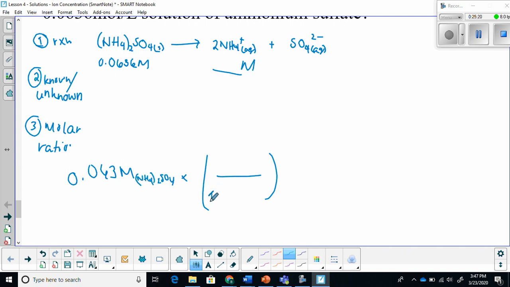I have 1 mole of (NH4)2SO4. I'm sorry, there should be 2 of these. And then there are 2 moles of the ammonium ion, 2 moles NH4. Sorry, that should say mole there. Let me just fix that.